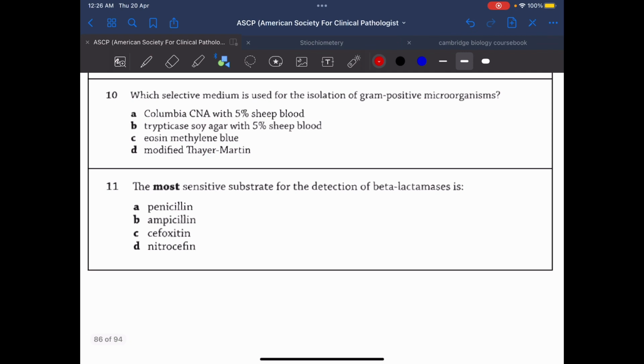B. Question number 10. Which selective media is used for the isolation of gram-positive microorganisms?